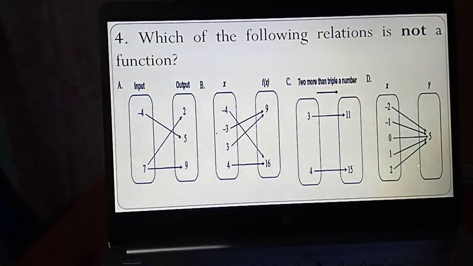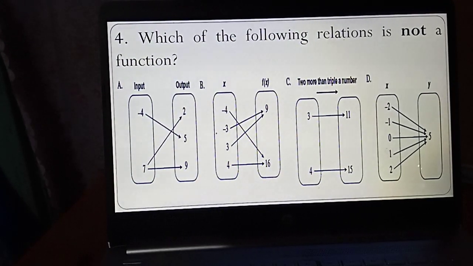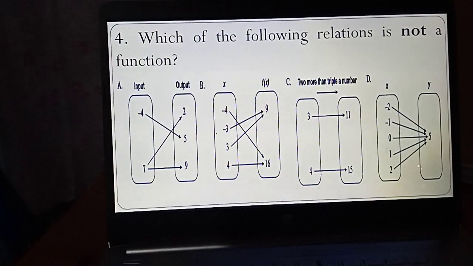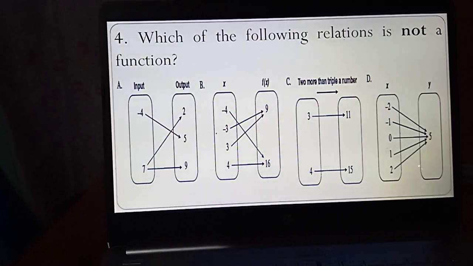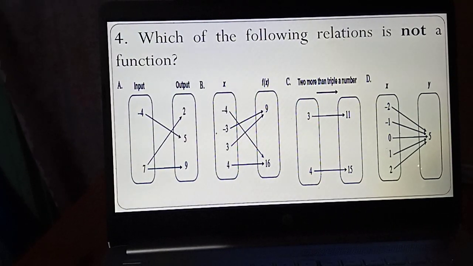Which of the following relations is not a function? Since we are given the mappings, we should take note that in the pairing, there is no repetition of the pairing in the domain, so that we can decide whether that is a function or a relation. So the question is, which of the following relations is not a function?